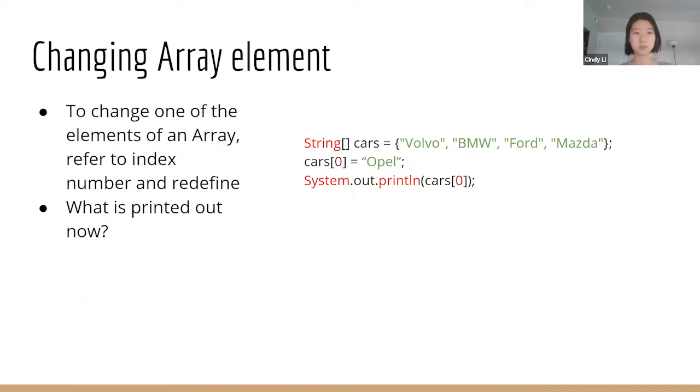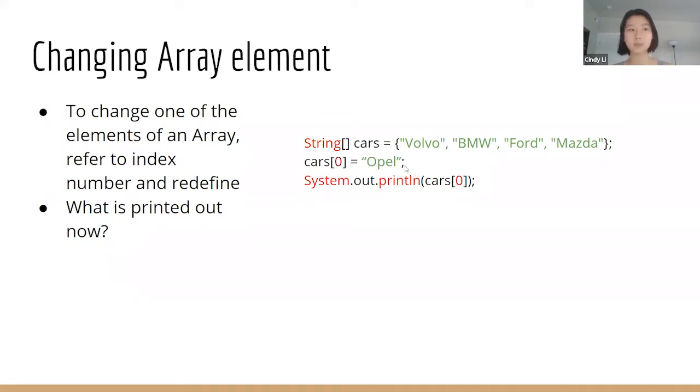If you don't, the computer is going to be confused and throw an error. So right here, we refer to the index number that we want to change and redefine it. Here we have cars, which we've been working with so far. Cars 0 is Volvo, remember, and we change it to Opel.